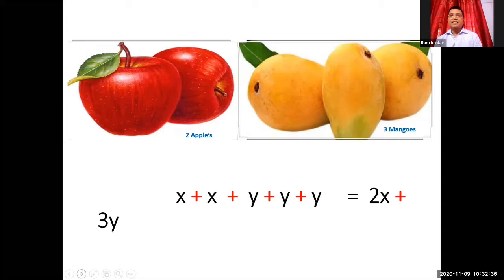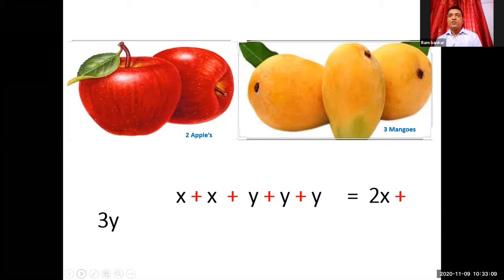There are given x, x plus x. What is x? X is denoted for apple. How many apples? 2 apples. So x and x, 2x. Then plus y plus y plus y. This alphabet y is denoted for mango. How many mangoes are there? 3 mangoes. So we write 3 y's.